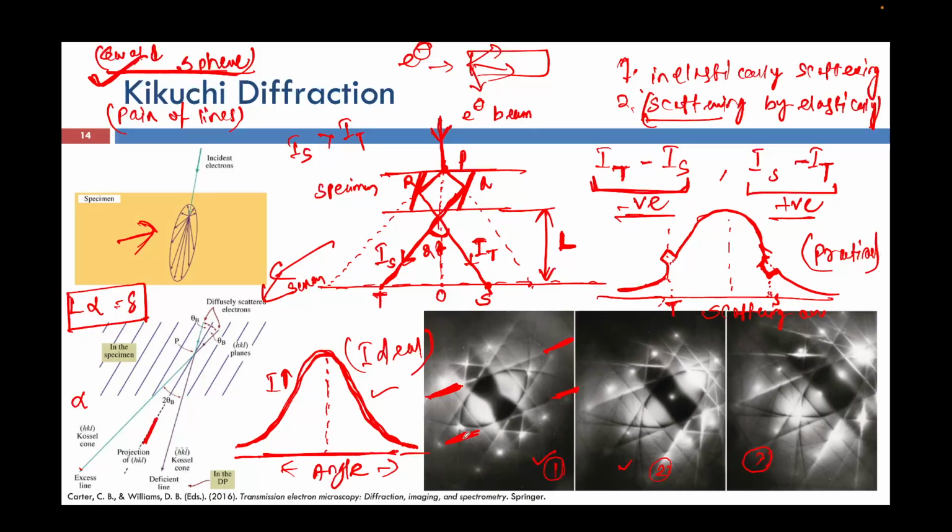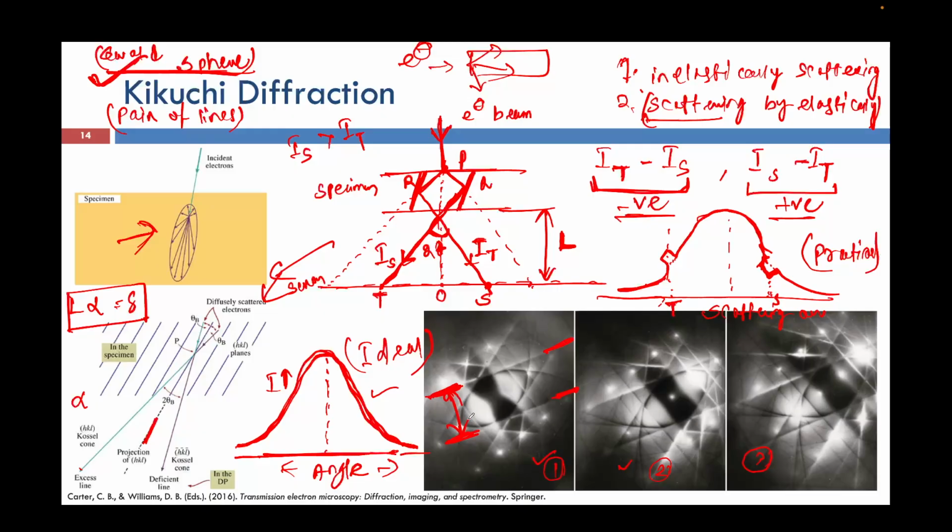From the distance between them we can see how much 2 theta, that is, how much Bragg diffraction has occurred, and using this we can measure the orientation of our crystal. So that concludes our session.